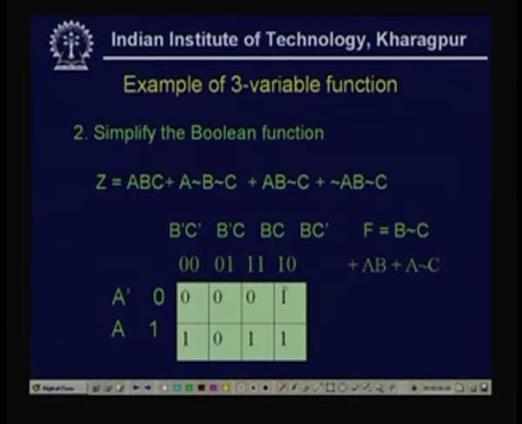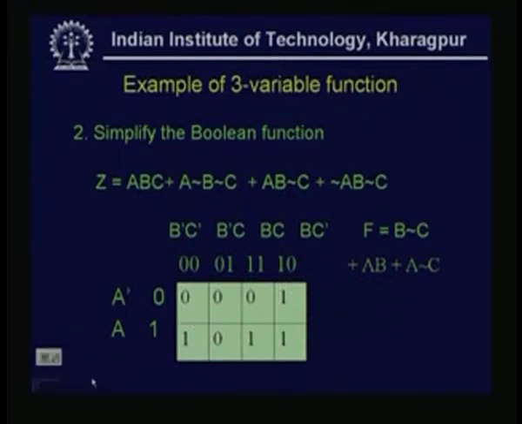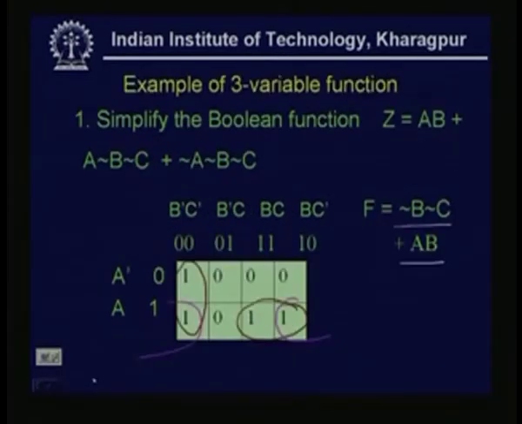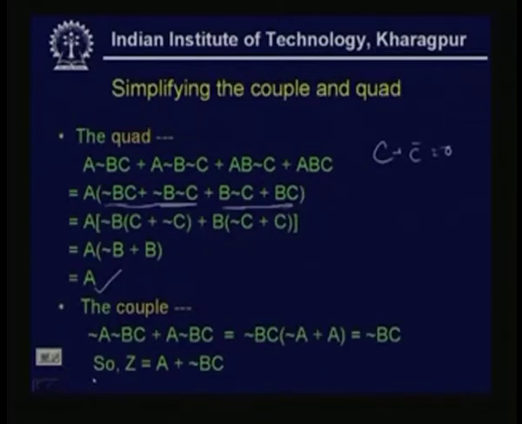The couples are: this is one couple, this is one couple, and this one is again left, so we put this one. There will be three reduced terms, but for the 3 variable function it will all reduce to 2 variables. And similarly, the third one we can also do in that way.